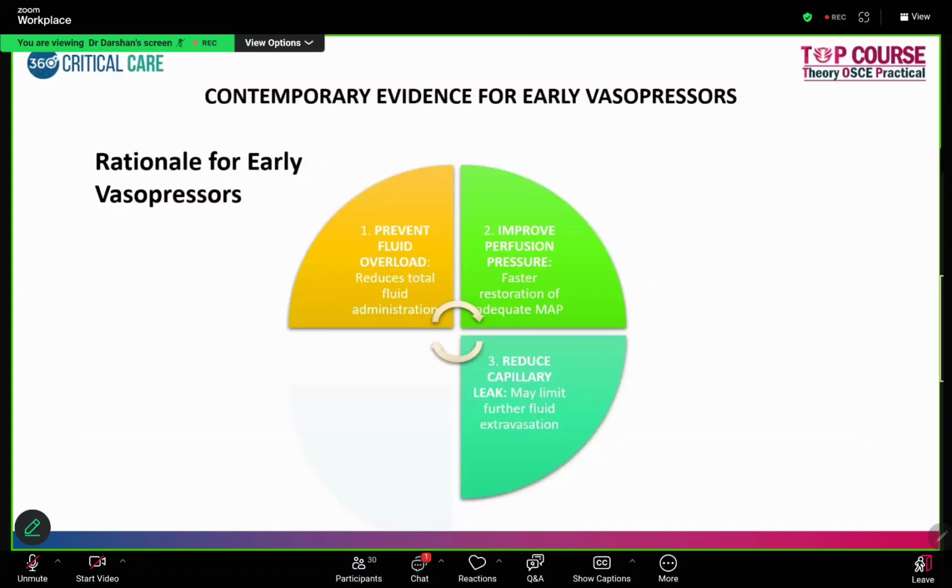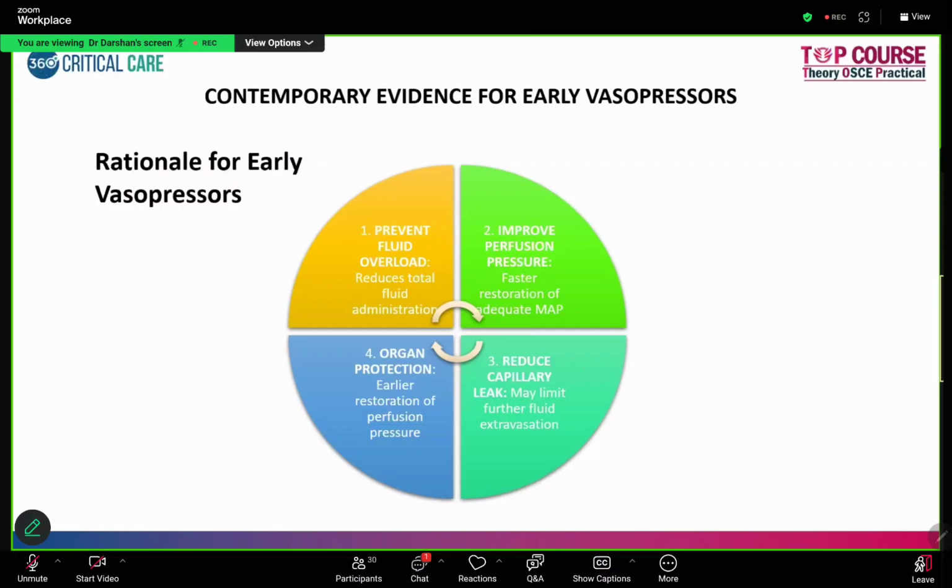Firstly, it will prevent fluid overload and prevent you from overzealously loading the patient with fluids, because if we load the patient excessively with fluid, it can hamper organ perfusion. So an early choice of vasopressors can improve organ perfusion and restore the MAP. And when restoration of MAP is achieved, end organ perfusion will be better.